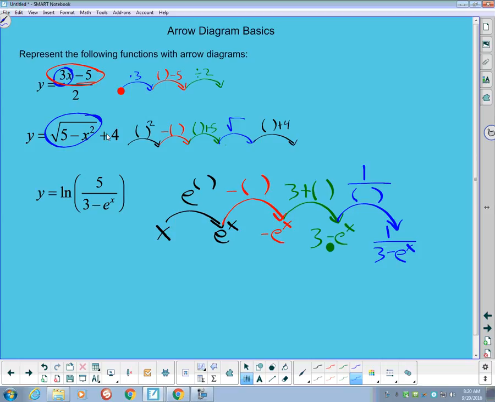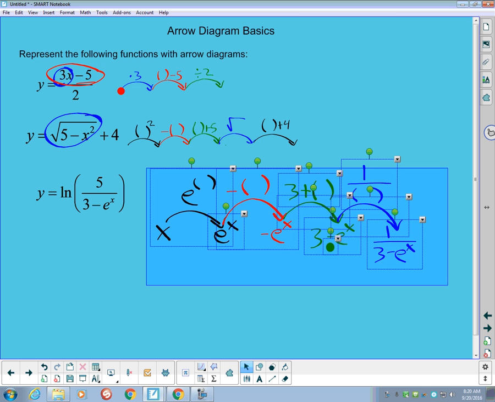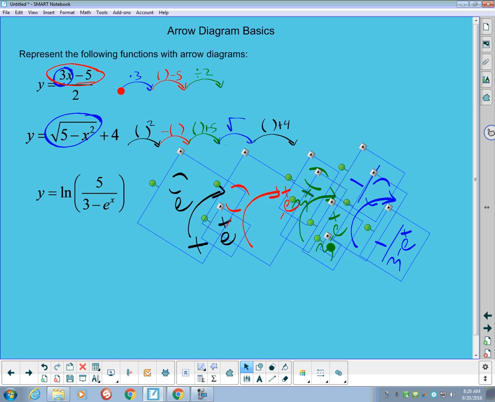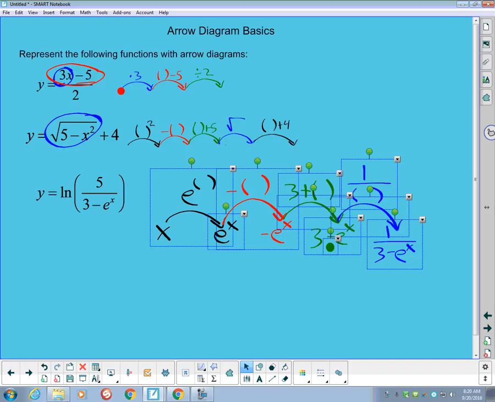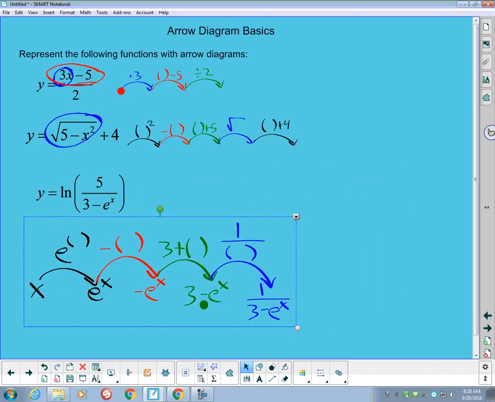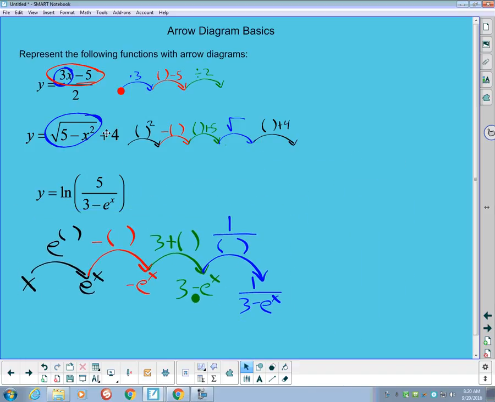And that gets us most of what's going on here, but we then have to multiply by 5. I'm going to shift things over here a little bit to give myself a little more space. Okay, so creating a little more space over here, the next thing we need to do is multiply by 5.